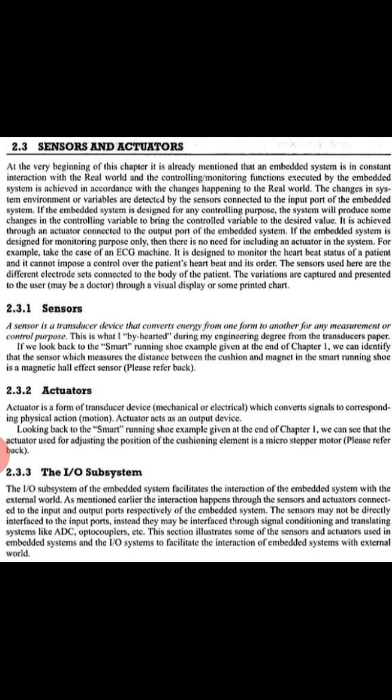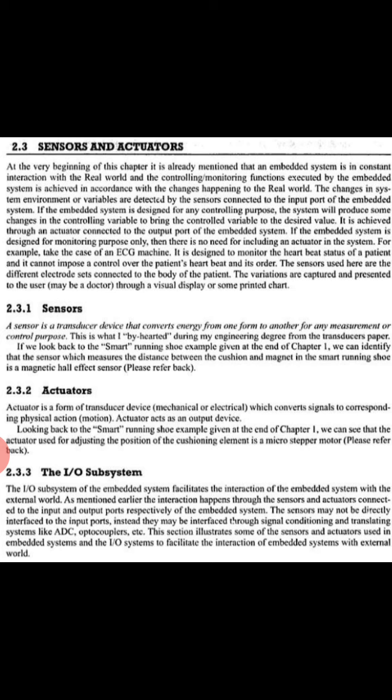If we look back at the smart running shoe example, we can identify that the sensor which measures the distance between the cushion and the magnet in the smart running shoe is the magnetic Hall effect sensor. An actuator is a form of transducer device which converts a signal to a corresponding physical action. The actuator acts as the output device.